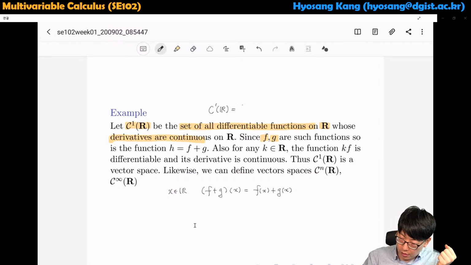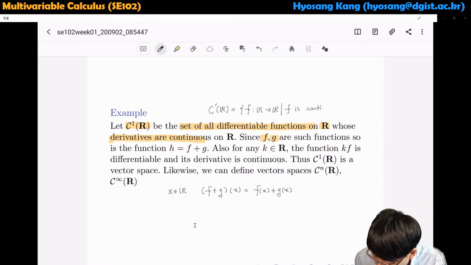C1(R) is a set of functions from real numbers to real numbers where f is continuously differentiable.